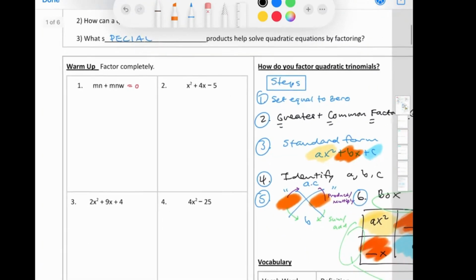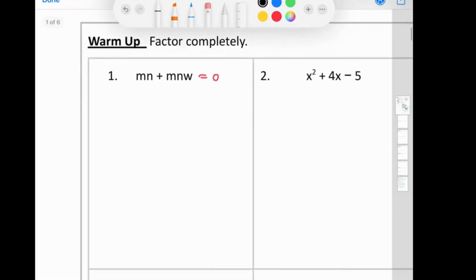The next thing is you're going to find the greatest common factor. You'll notice that this is m times n, and this is m times n times w. Now, you'll notice that they have a what in common? An m, and they also have an n in common. So we call this to factor out.